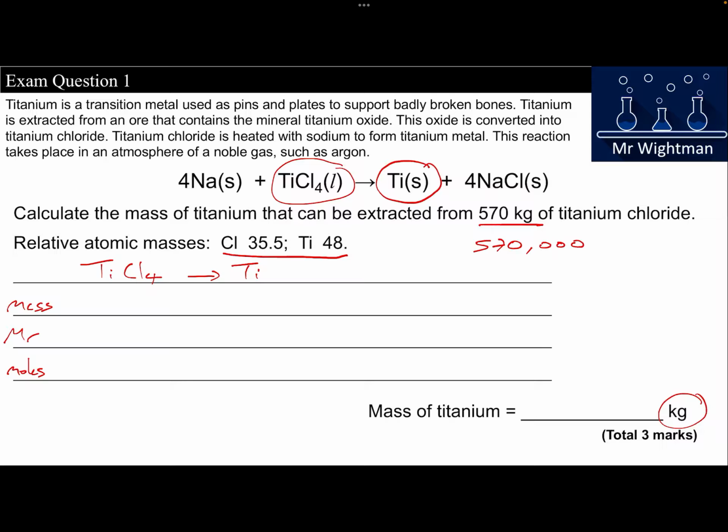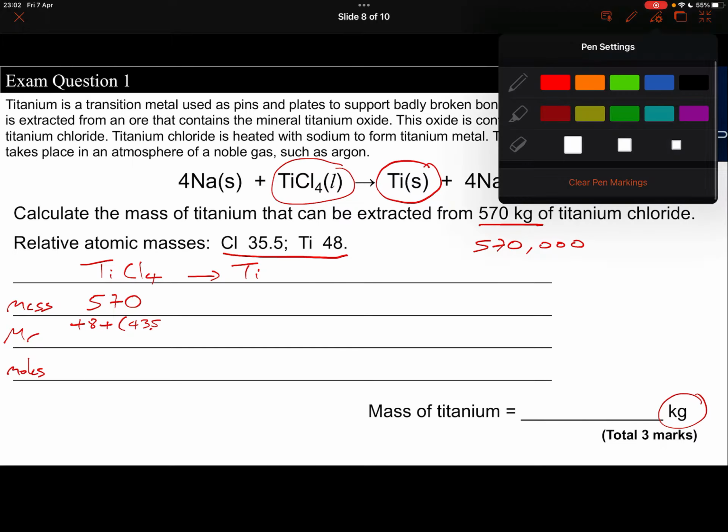So I can just put 570 here. And appreciate though, when I divide by the MR of titanium chloride, that's going to be 48 for titanium plus 4 lots of 35.5, if I can correct that.